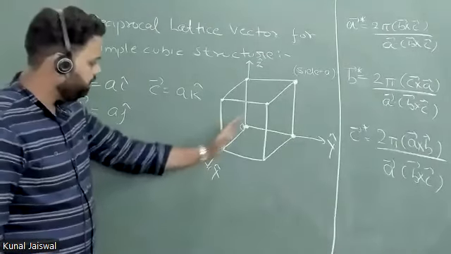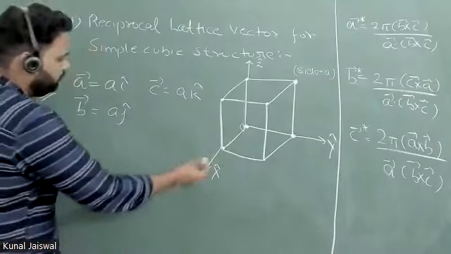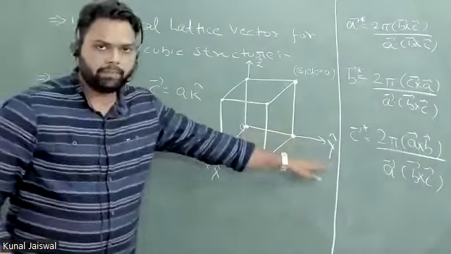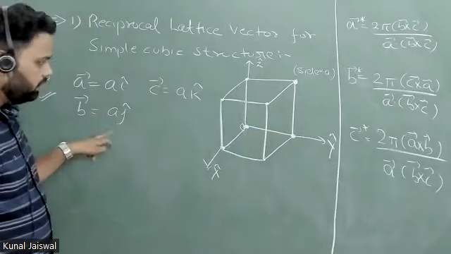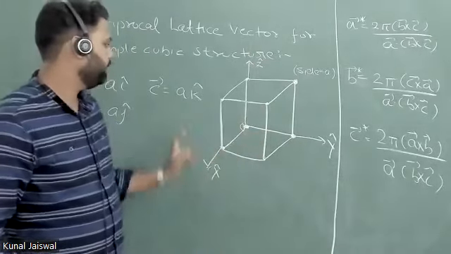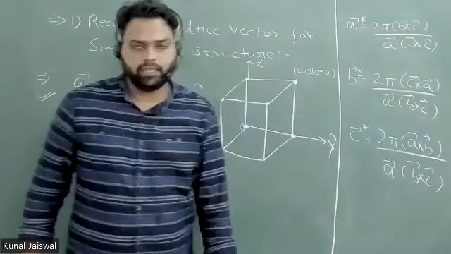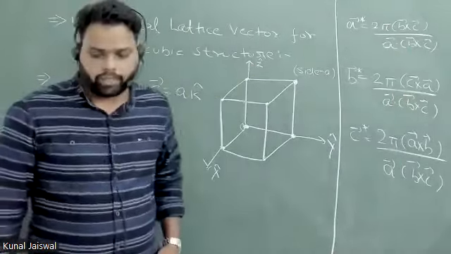The A vector we will write in the x cap direction, obviously it will be A i cap. One will be written in the y cap direction, that is A j cap, and one in the z cap direction, that is A k cap, because we need three direct lattice vectors. Clear?